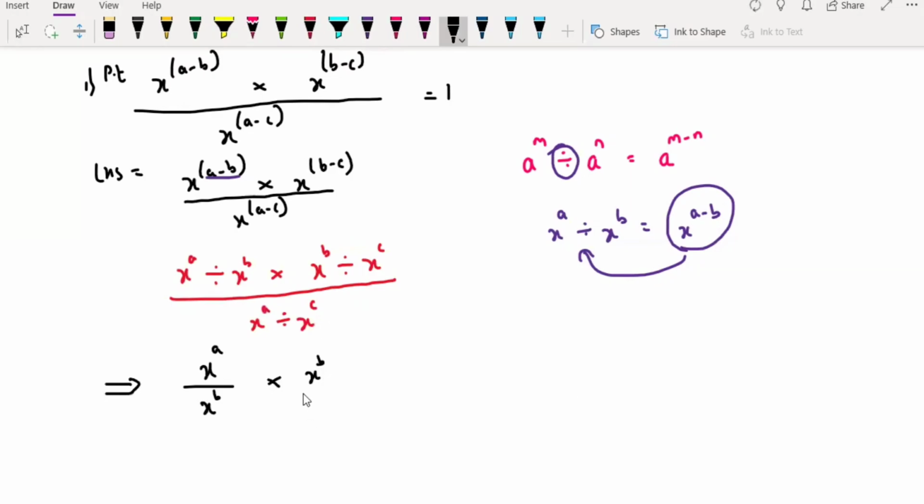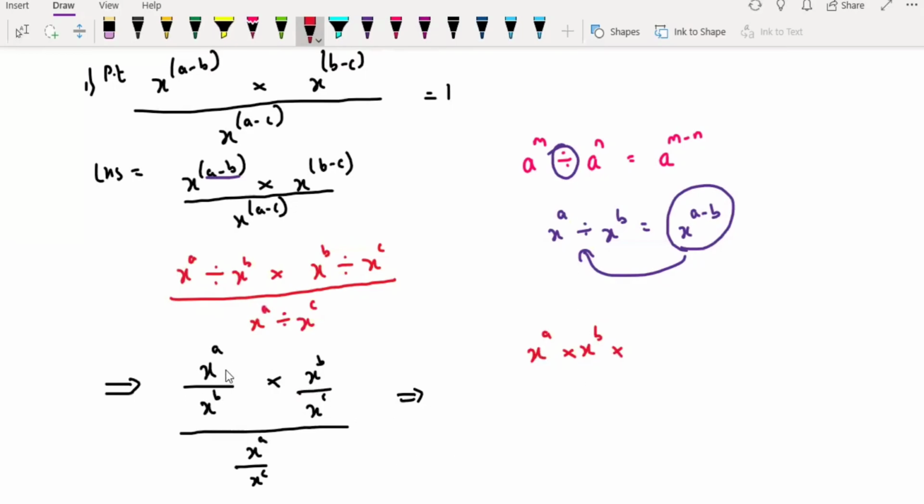It is division, so we write in the denominator x to the power of c, whole divided by x to the power of a divided by x to the power of c. The same thing I'll repeat beside. It is multiplication, so we multiply the numerator, x to the power of a into x to the power of b.